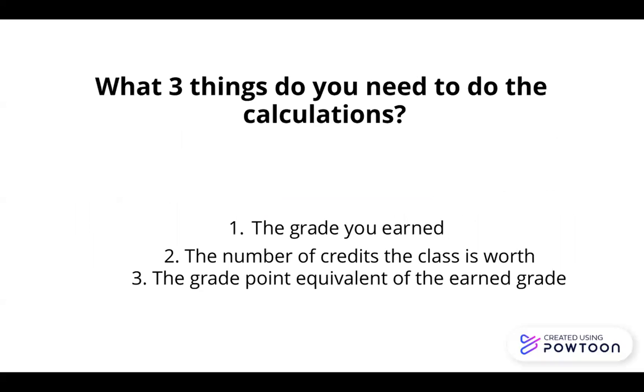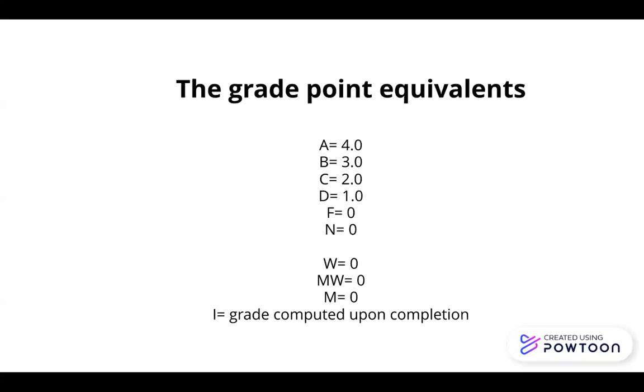There's three things that you're going to need in order to do these calculations. First, the grade you earned in class. Second, the number of credits that the class is worth. And third, the grade point equivalent of the earned grade. So what is the grade point equivalent?